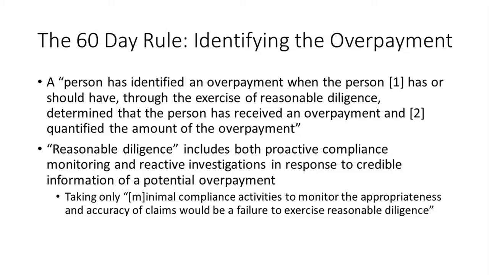But if you ignore that, if you don't pay attention to it and take no steps to investigate it, the 60-day time period starts to run as soon as you should have made reasonable inquiry into the complaint.